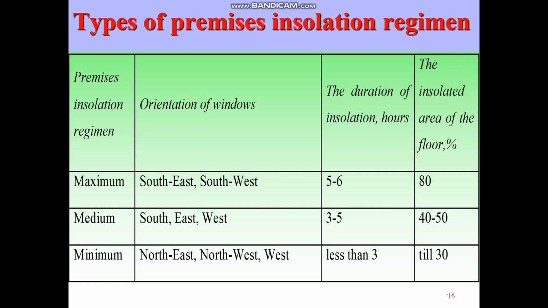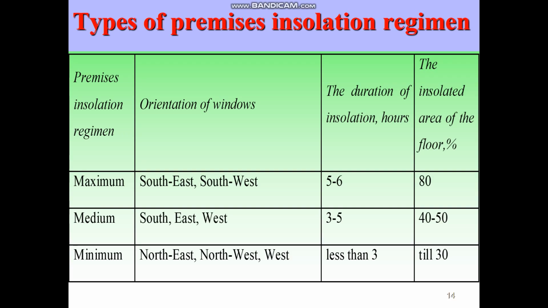The above-mentioned factors also influence the premises' insolation regime. Insolation regime is the duration of exposure to direct solar light. It can also be influenced by the window's orientation.